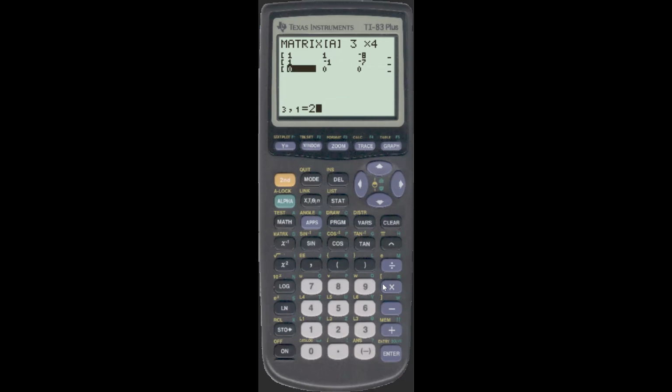And then 2/7. And then there's no y, so that's 0. And -15/7. And then 6. Okay, so you get that all in. Quit out, second quit. So you go back, you do the same thing we did before. So go to second matrix, math, RREF, it's under B.